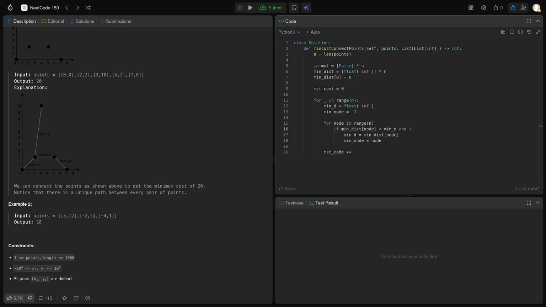and not in_MST[node]. Maybe we can do that first because that's faster to check, right?